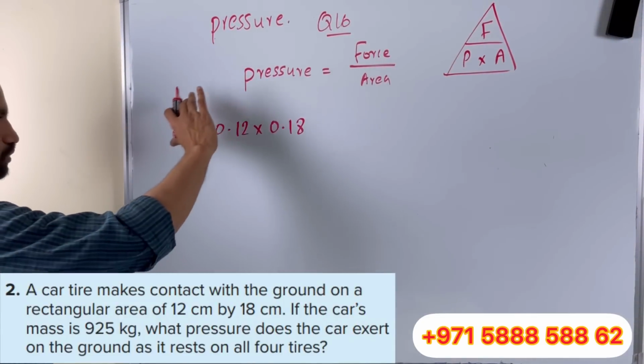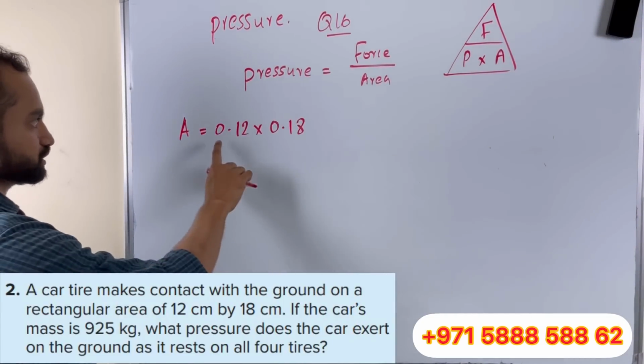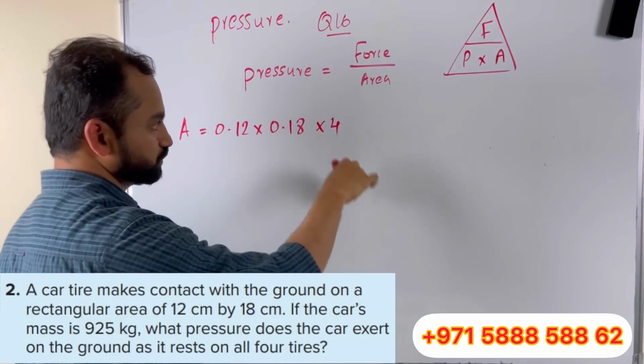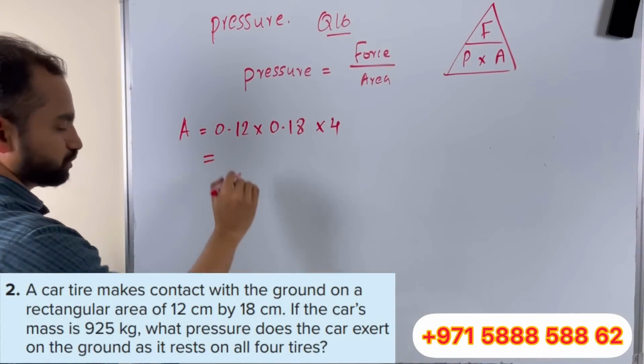As it rests on all 4 tires, the area of contact of one tire is this much. There are 4 tires, so multiplied by 4 we will get the total area of contact.